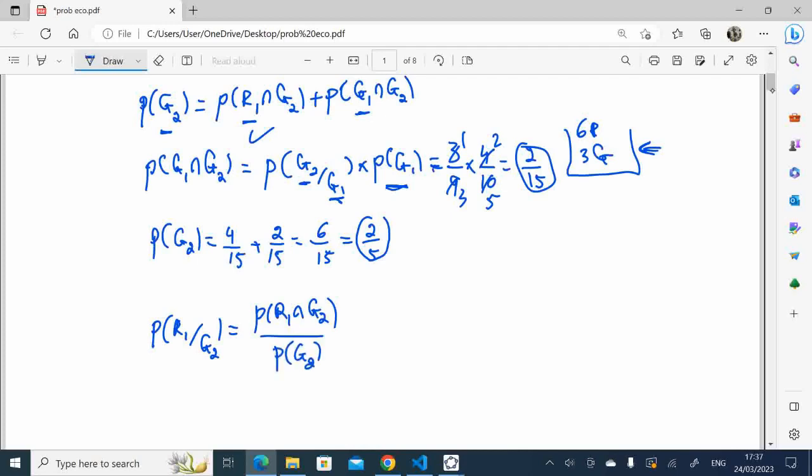R1 intersection G2 is 4 over 15, over P of G2, which is 2 over 5. So outer times outer over inner times inner, we get 20 over 30, which is 2 over 3. So this is my answer.